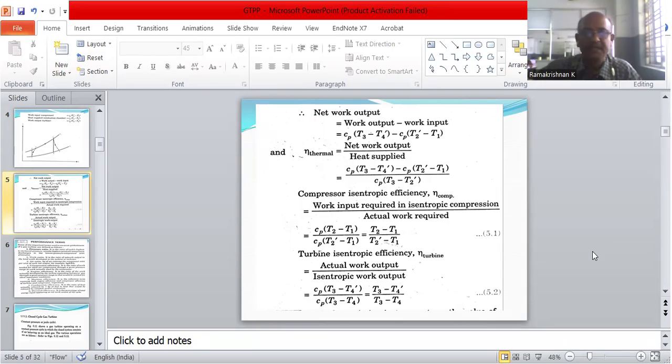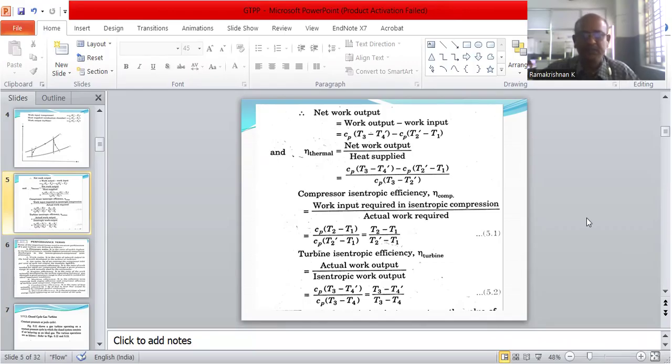Here, the net output is extracted from the turbine, but we have to subtract the compressor work. The reason is that at the time of starting, the turbine and the compressor are connected on the same shaft. Initially, the compressor is given the power supply. After the turbine is brought to the working condition, the compressor is cut off from the electric supply.